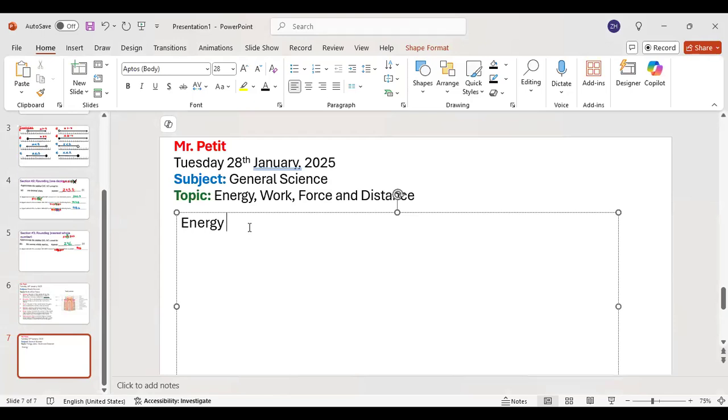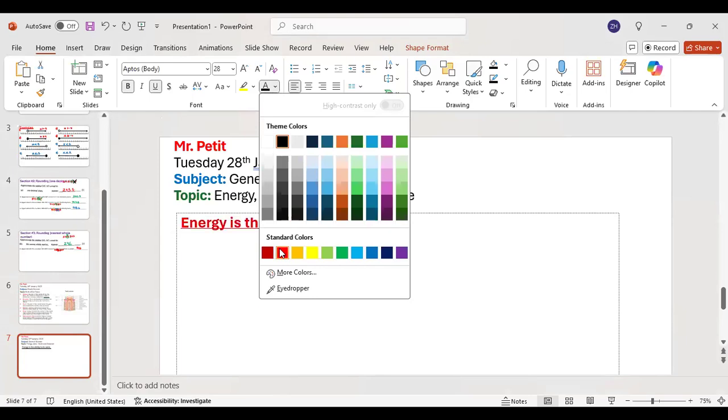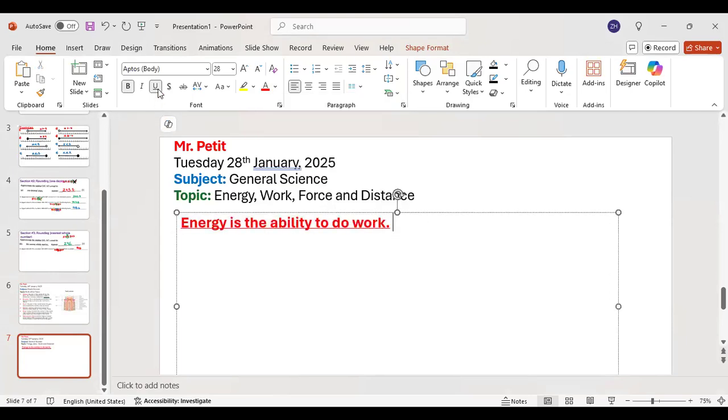Very good. Energy is the ability to do work. This is a very sciencey definition. When I ask you what is energy in general science, this is what I'm looking for, and this is what they'll be looking for in your exam.